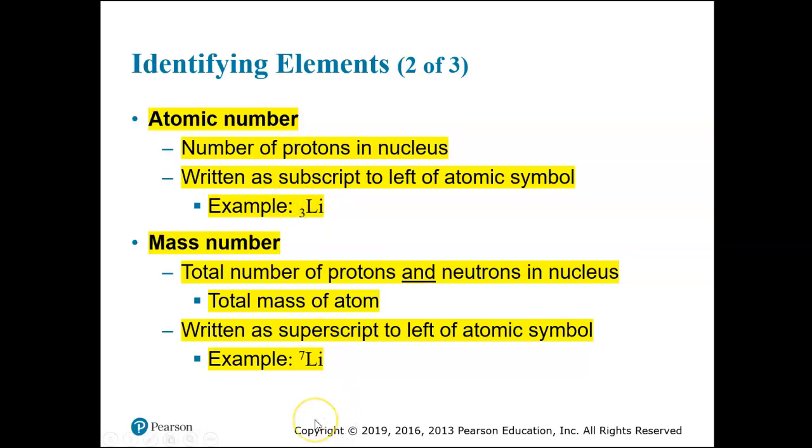So you would see for lithium, here, I'll write it. I hate writing, as I've already told you, but I will try. So the symbol for lithium would look like this, Li, and then the atomic number 3 would be on the bottom, and the mass number 7 would be the superscript.